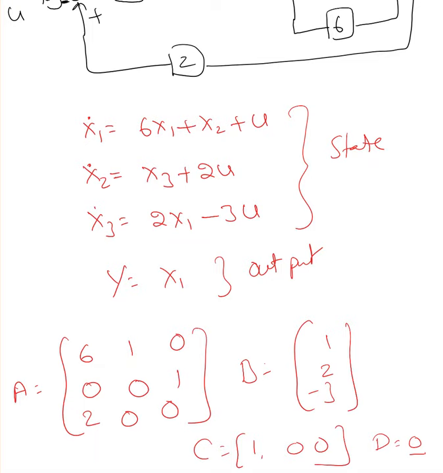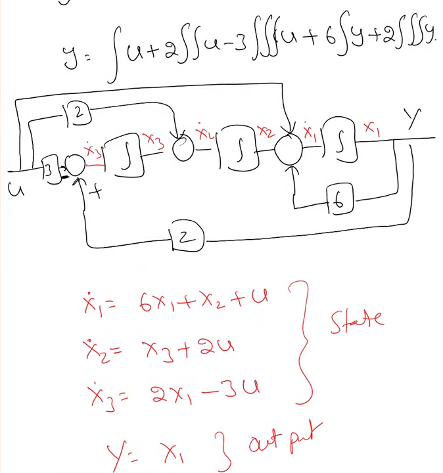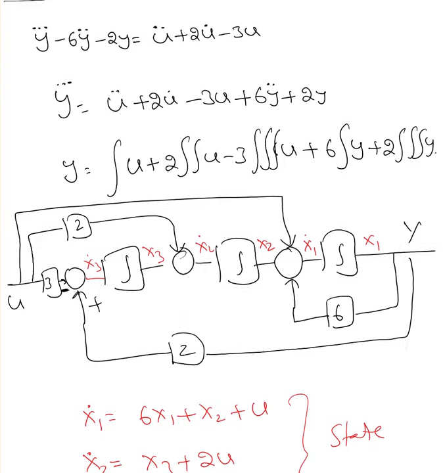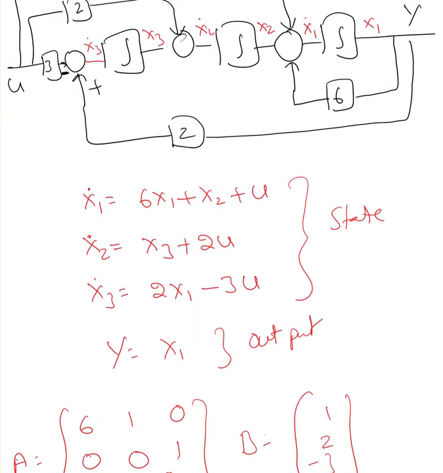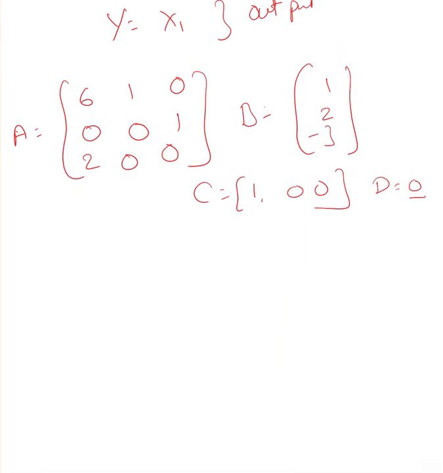So this is the state equation and output equation for the given mathematical model by using observable canonical form. I'm going to solve one more example in this video.